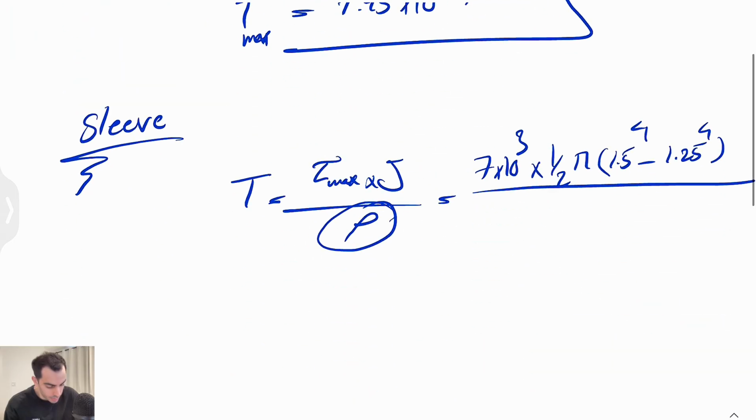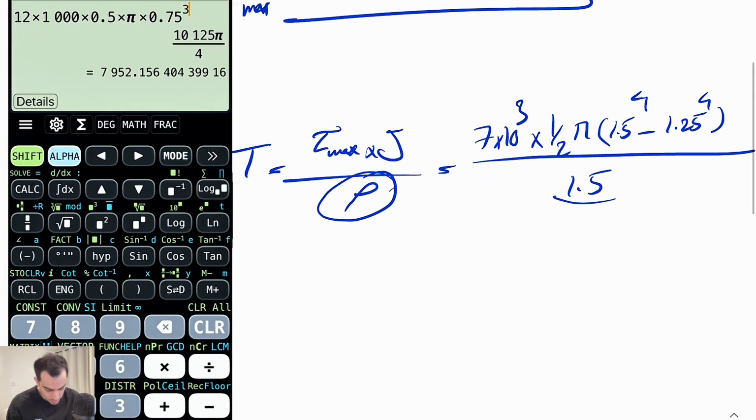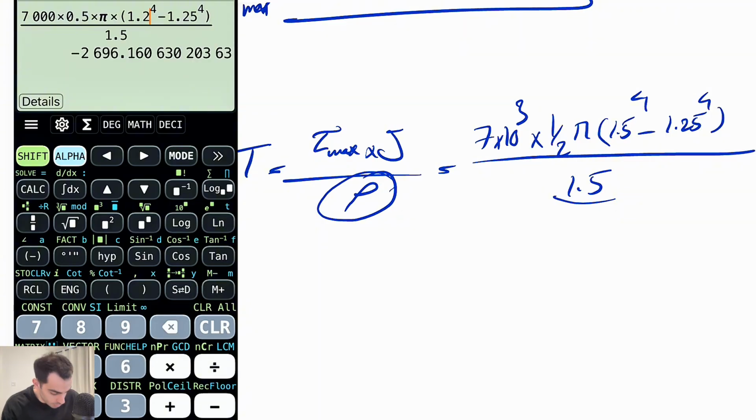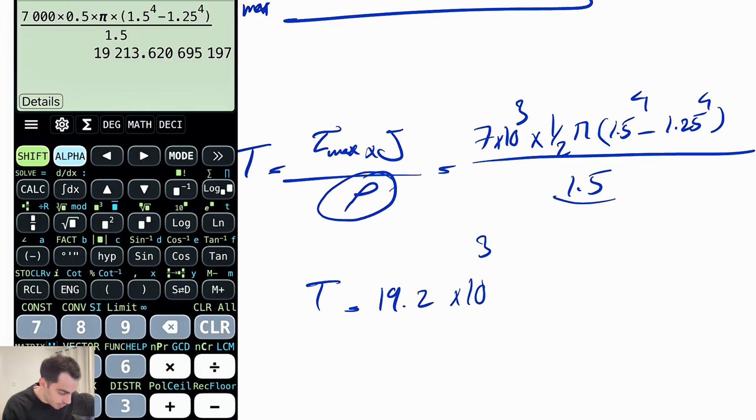This time we cannot cancel the numerator and the denominator, so we have to deal with this ratio. 7,000 times 0.5 times pi times 1.5 to the power of 4 minus 1.25 to the power of 4, and the denominator 1.5. All right, so this T is going to be 19.2 times 10 to the 3 pound inch.